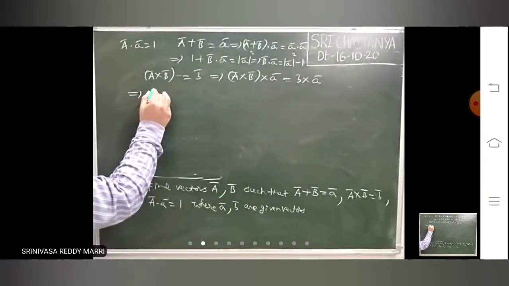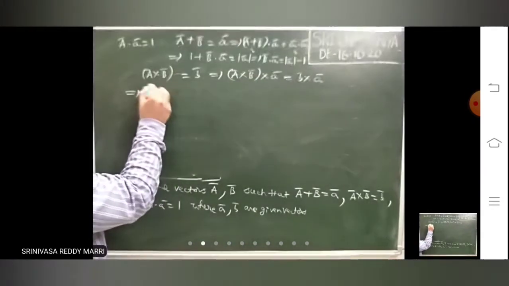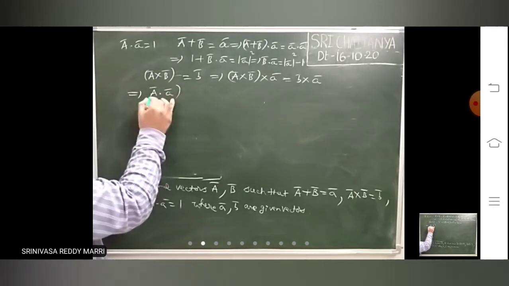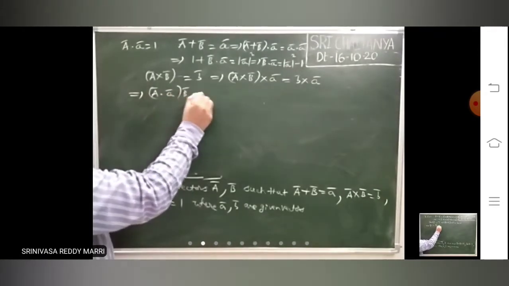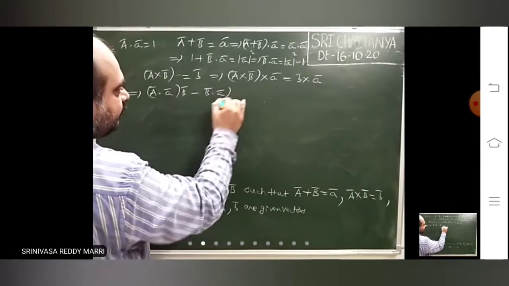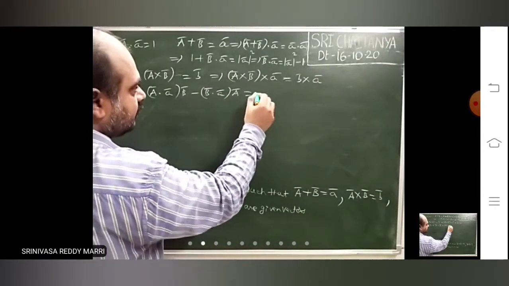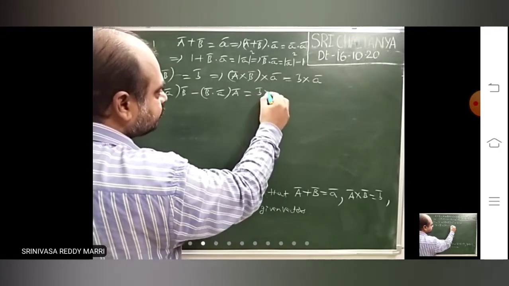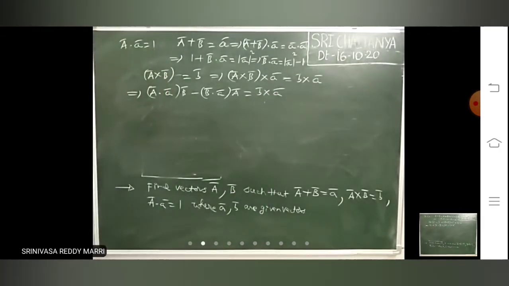Now I am writing the formula for this. What is that? A bar dot A bar into B bar minus, what is the formula? B bar dot A bar into A bar equals to B bar cross A bar.